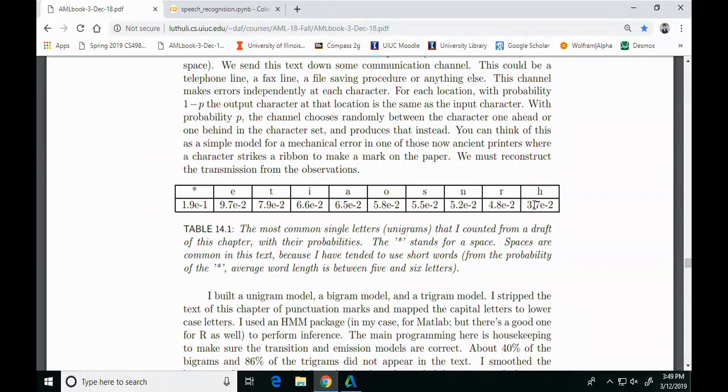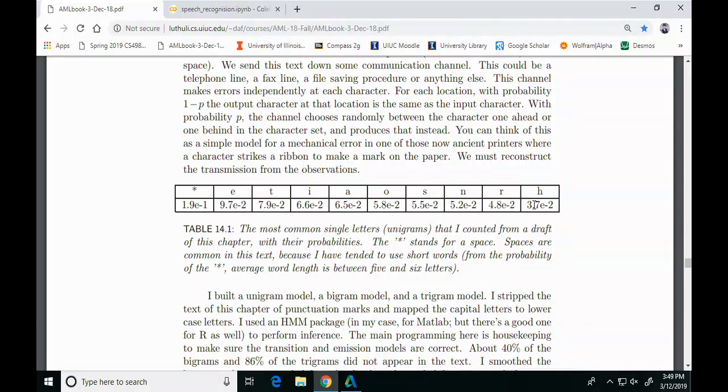In this very contrived example, we said that with a 0.03 probability, I don't know if it was 3% or a 0.03 fraction, for each letter in the original text, we're going to emit a different letter.